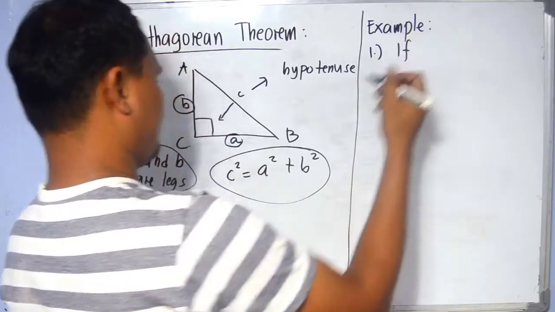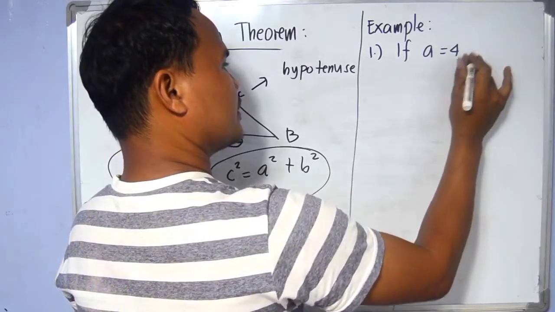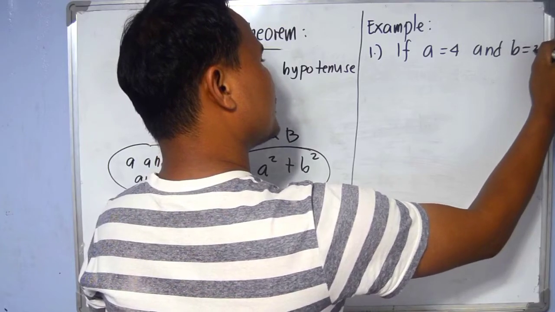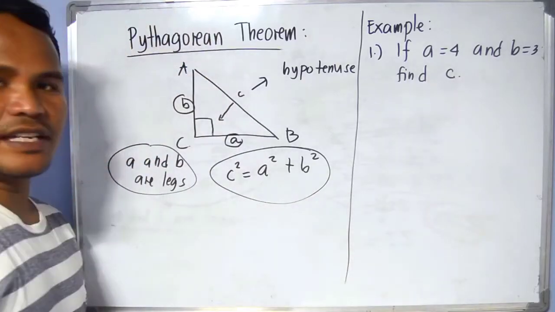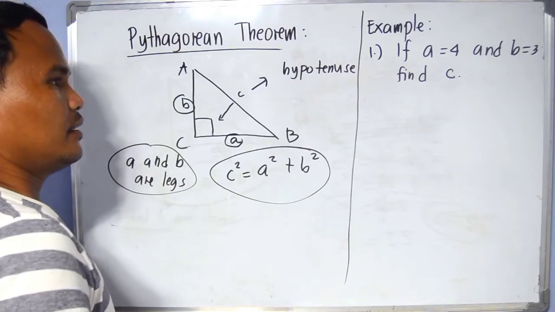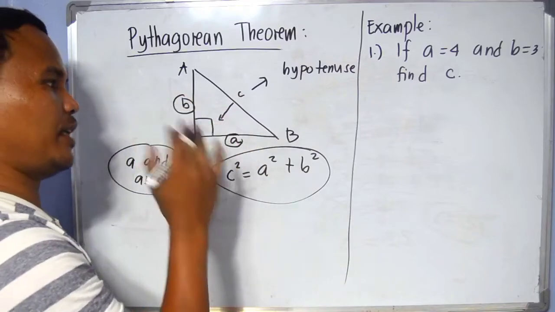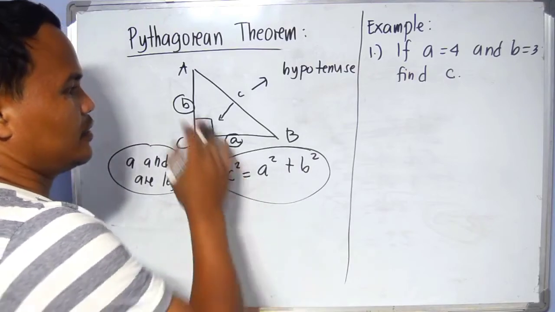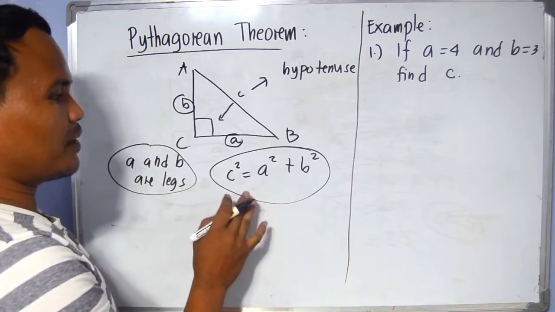If a is equal to 4 and b is equal to 3, find the measure of c. Consider this is the figure, and we consider this one as our right triangle. We are going to find the length of one side of a triangle, so we can now use the Pythagorean theorem.